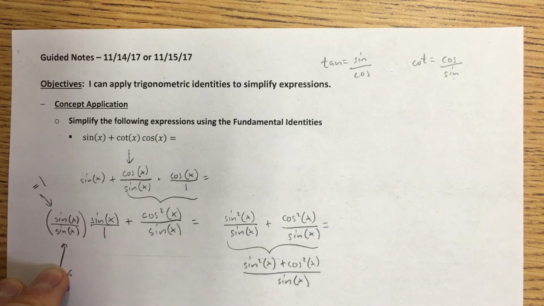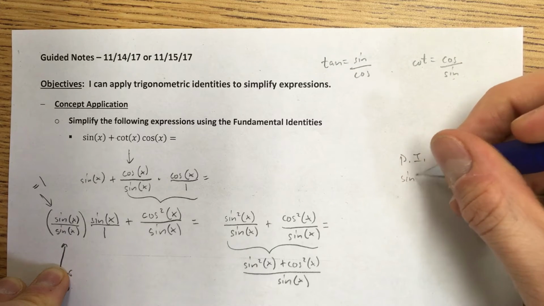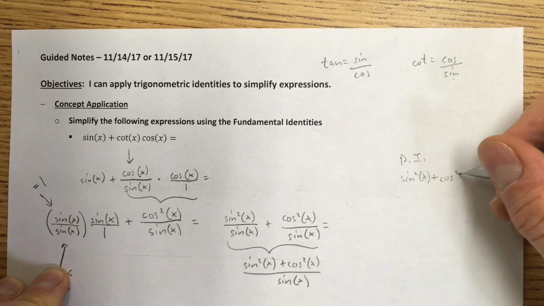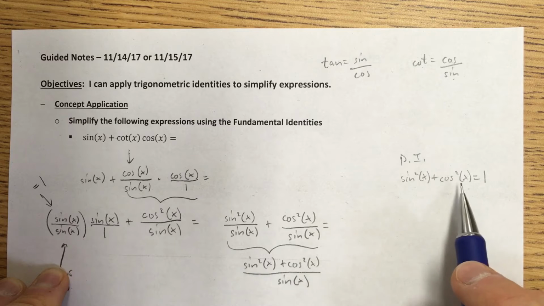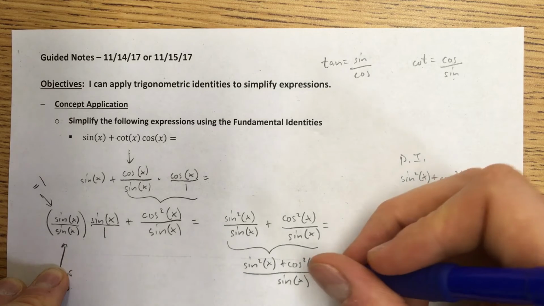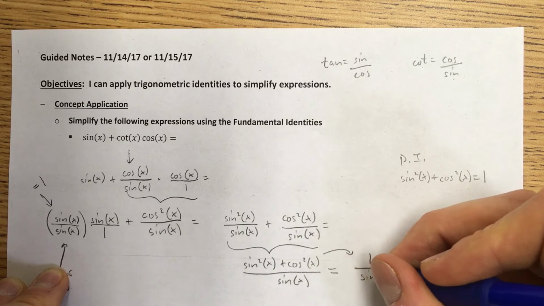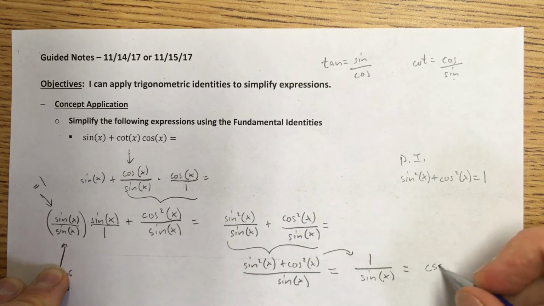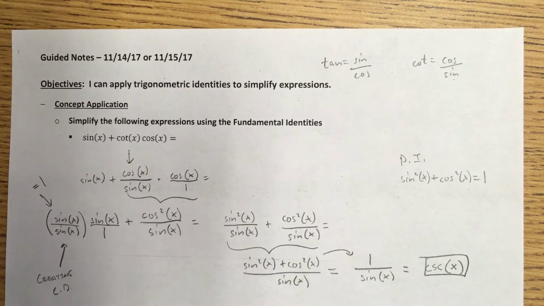And then if we look at our Pythagorean identities, there is an identity that says that sine squared plus cosine squared equals 1. So because sine squared plus cosine squared equals 1, then we can replace this with 1. And all of that becomes cosecant of x.